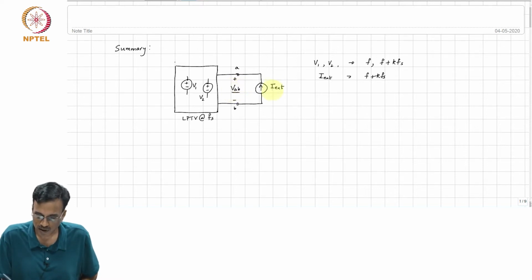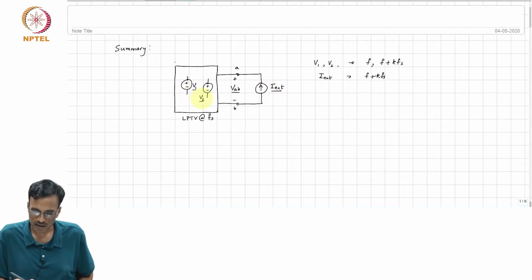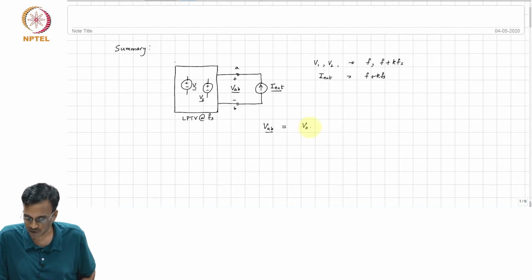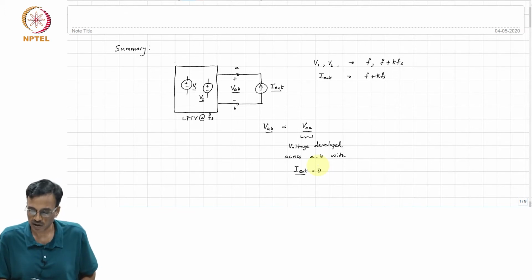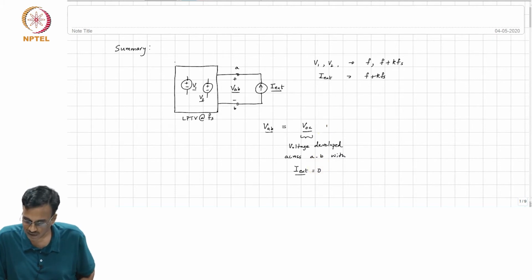If you represent all these voltages as phasors, then VAB is simply nothing but V open circuit, which is the voltage developed across A and B with I external being equal to 0, and this is the quantity that is analogous to the Thevenin voltage, plus Z equivalent to Z Thevenin if you want.